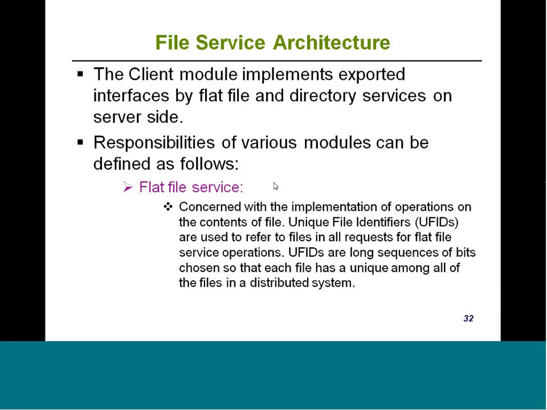Every file has a unique identifier, and the clients need to know that unique file identifier in order to access the flat file. There is also a client module that exports the interfaces of the flat file and directory services from the server side.